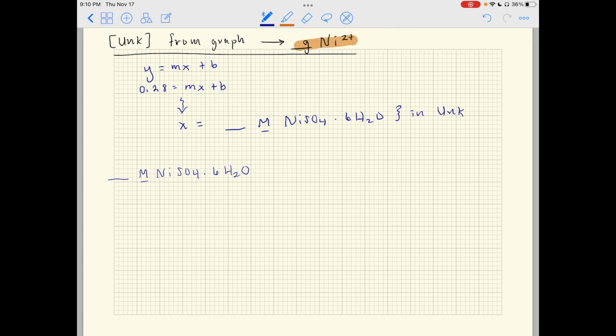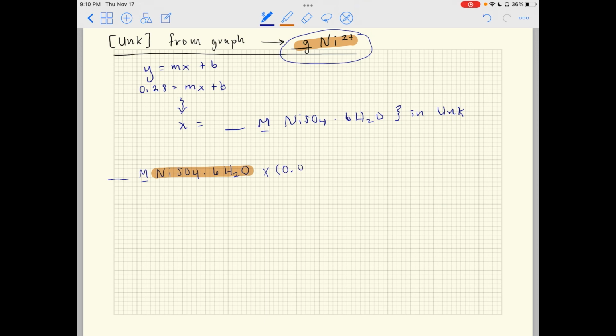So now that we have the actual concentration of nickel sulfate hexahydrate, we now need to go to the next part, which is to figure out how much nickel we actually have in that unknown. So remember, when we started this, we filled the actual flask, the volumetric flask, up to the 50 mL mark. So to start off with, in order to get to just moles, we're going to multiply by the volume of the flask that it was in.